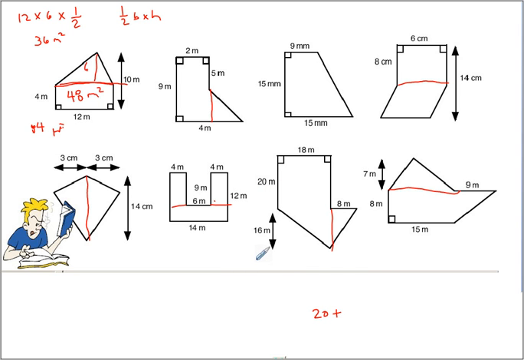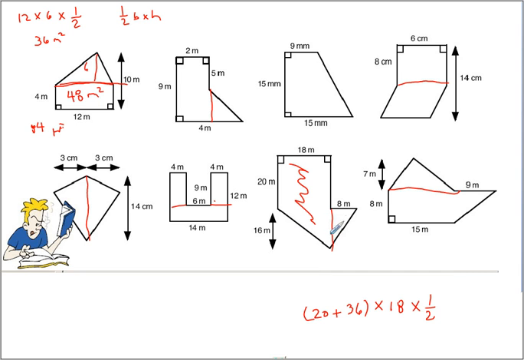Well, it's going to be 20 plus 16, because that goes all the way from here all the way up. So that's 36. That's going to be, add them together, times the height, which is going to be 18. Then you half that. And you've got all this area now.